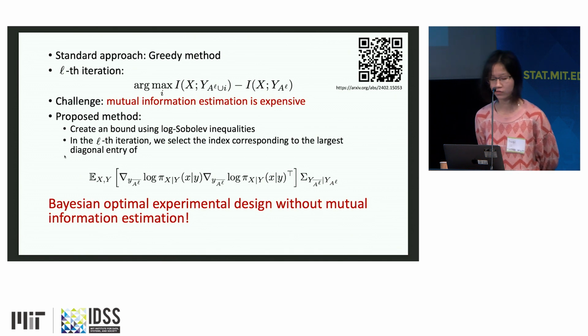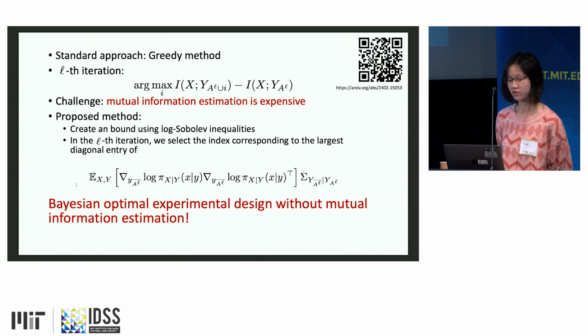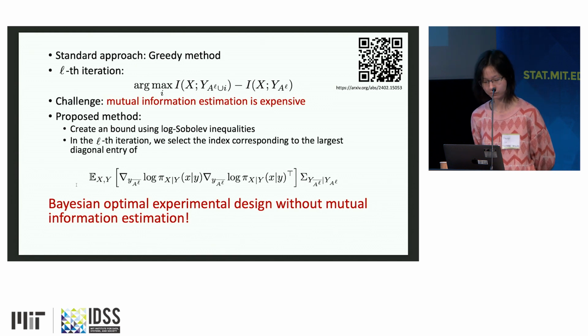In the nth iteration, we basically select the index corresponding to the largest diagonal entry of this matrix. The first one here is the expected value of the joint of the gradient of the log of the posterior over the unselected ones.